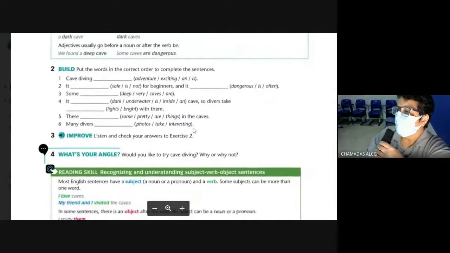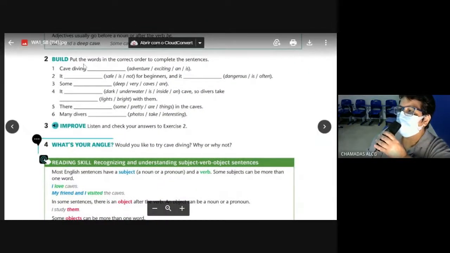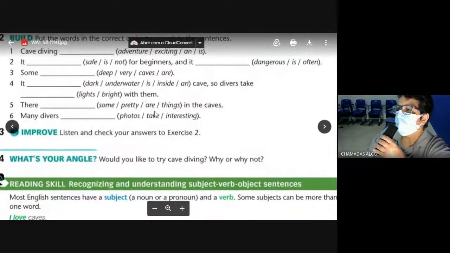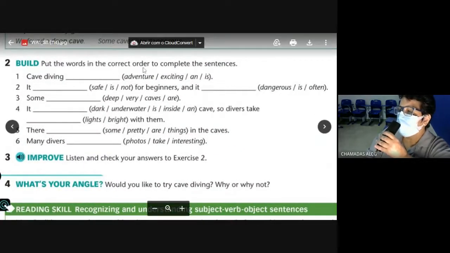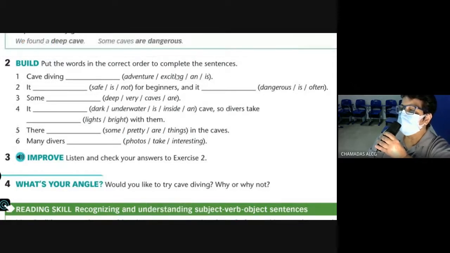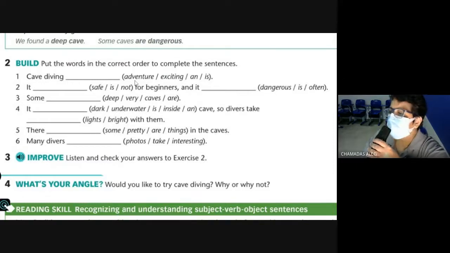So let's do the activity here in number 2, okay? Put the words in the correct order to complete the sentences. The first one, cave diving. If there is a verb, we should include, so is an exciting adventure.